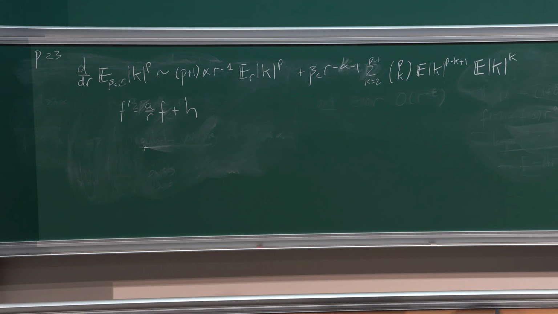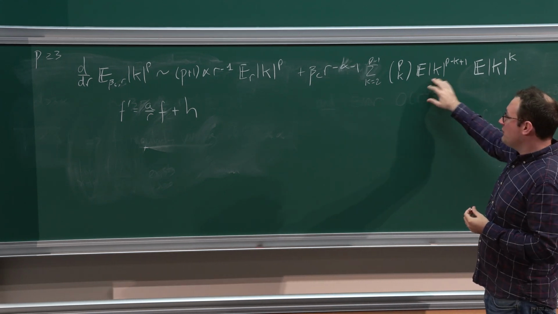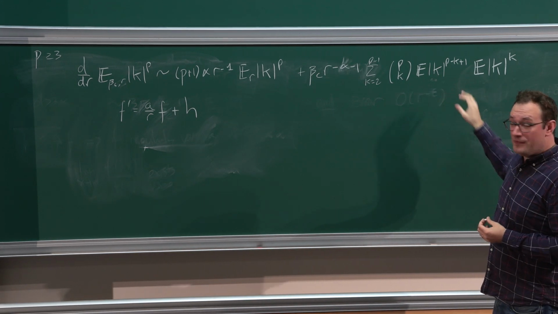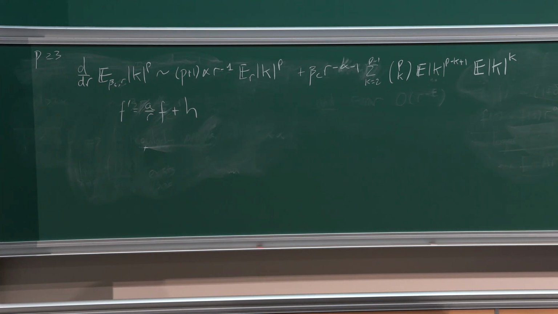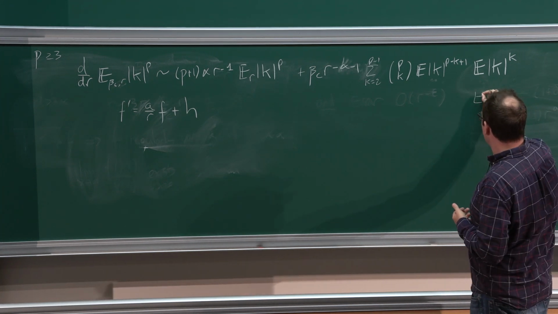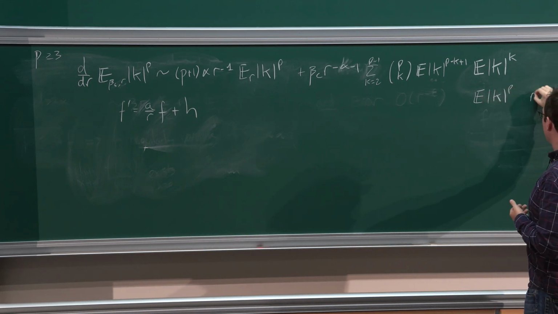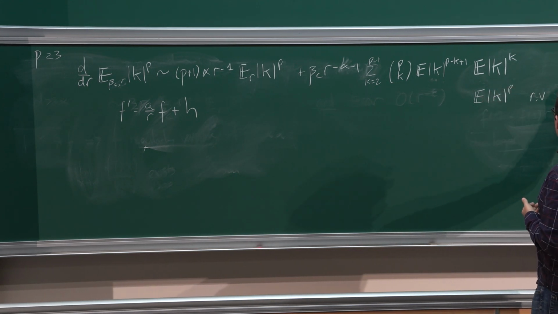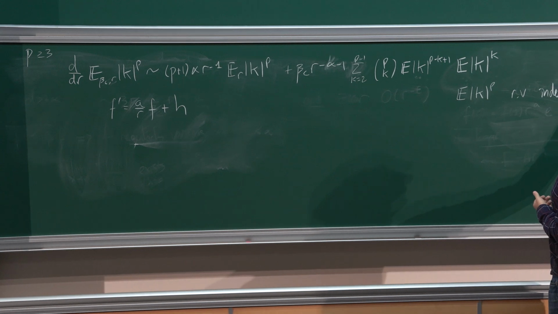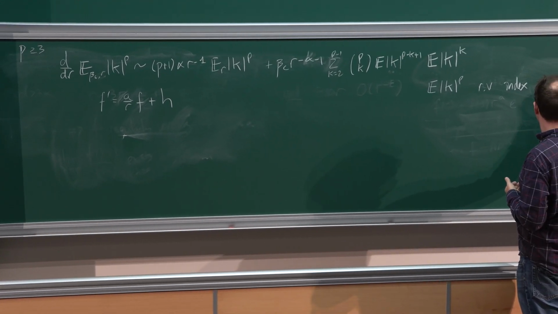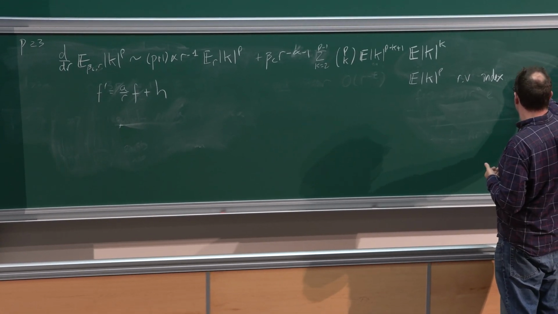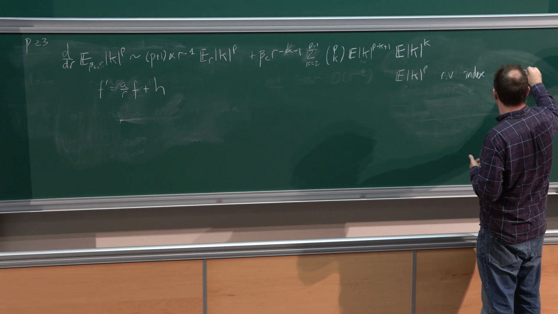What I expect is that these functions are going to be regularly varying, right? And they're going to be regularly varying of what index? Well, I should get that the pth moment should be regularly varying of index alpha plus 2p minus 1 alpha, right?